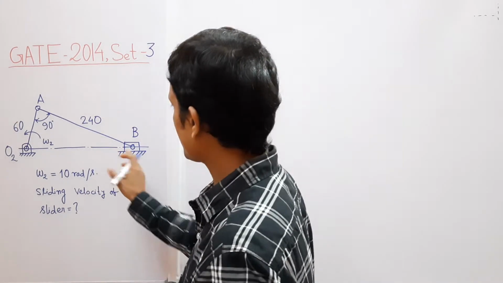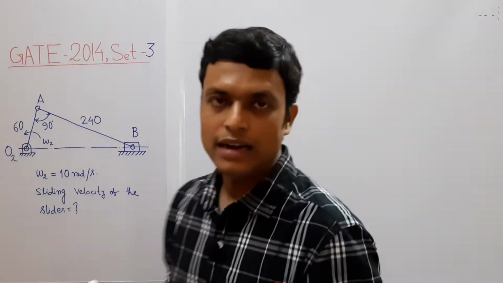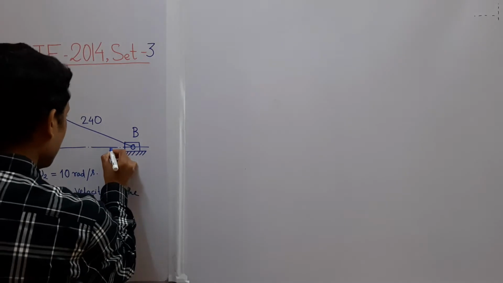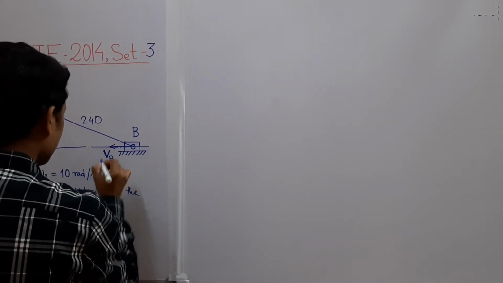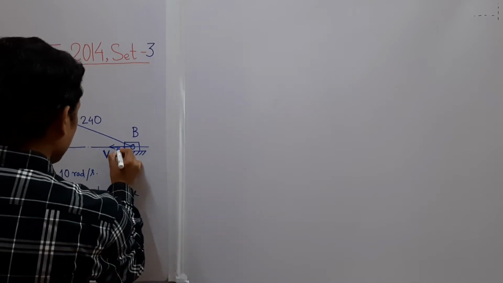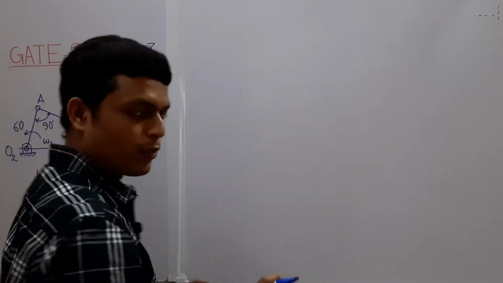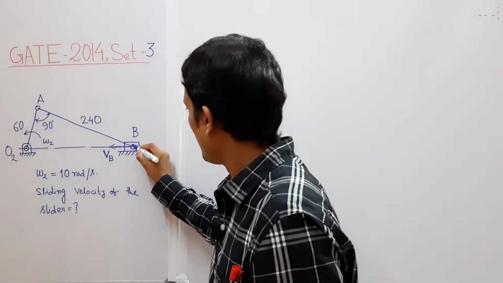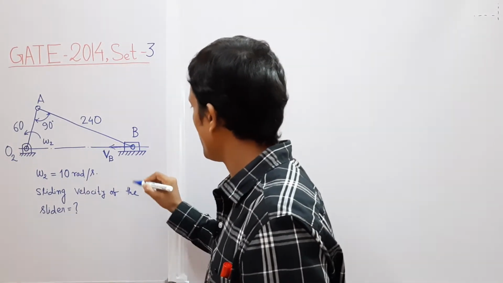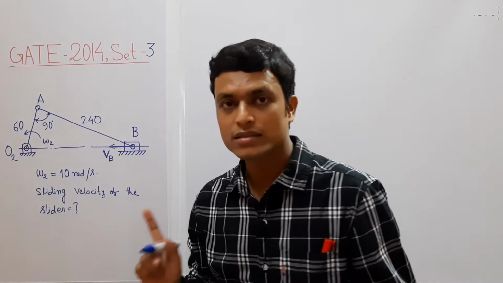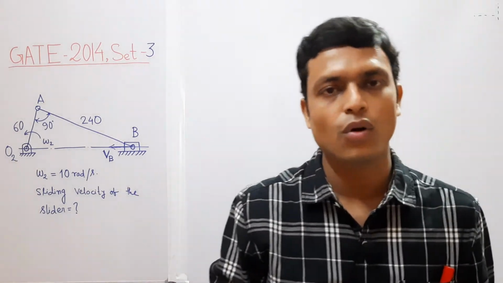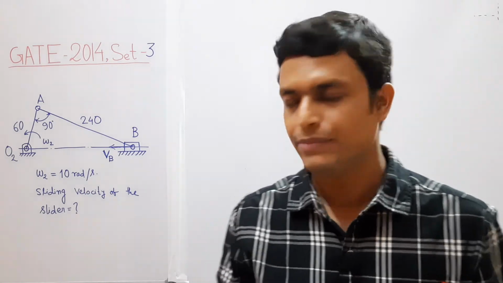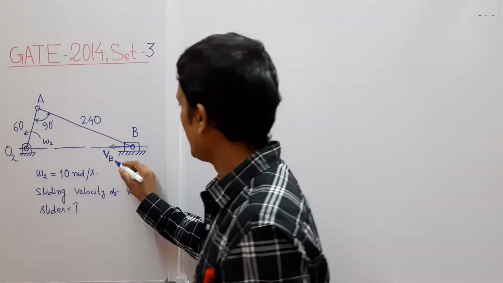Let us consider the sliding velocity of the slider is Vb, and that is also the velocity of point B. Point B is the center of the revolute pair that lies on the slider, and the slider has a pure translation, so all points on the slider will have the same velocity. So you have to find out what is Vb.